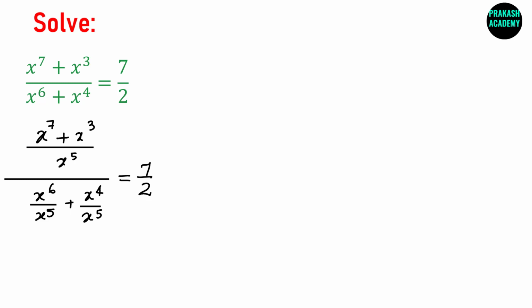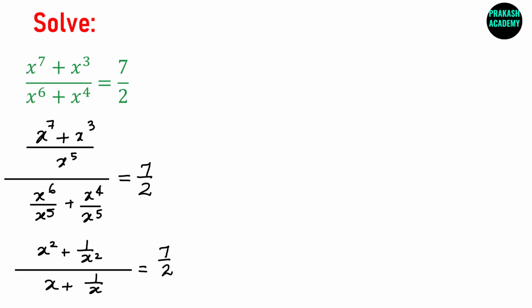So now what you have is x square plus 1 by x square, divided by x plus 1 by x, is equal to 7 by 2.